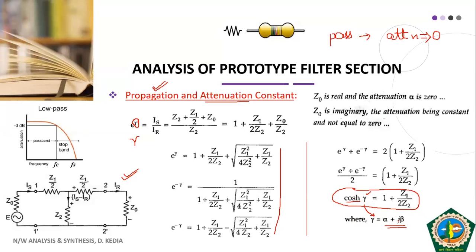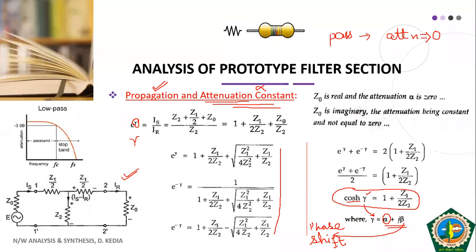This alpha is known as attenuation constant, a very, very important thing, and beta is known as phase shift constant. I hope you are able to recall what I told in the previous class.